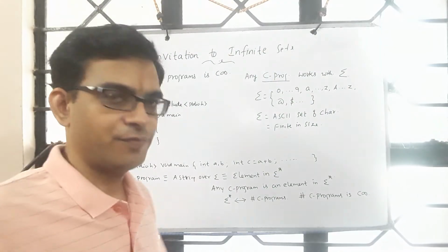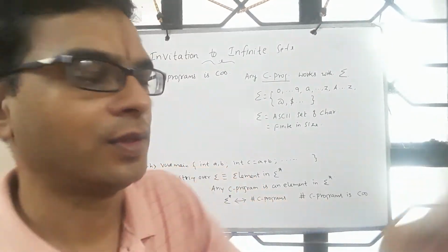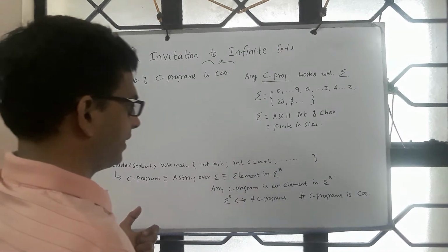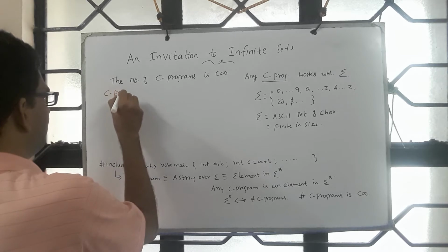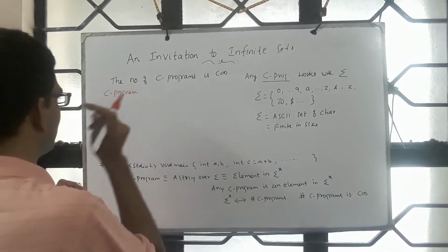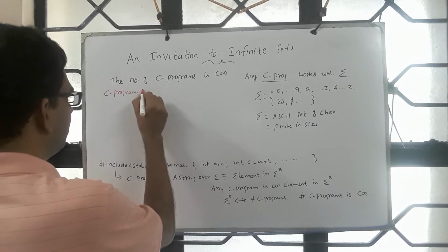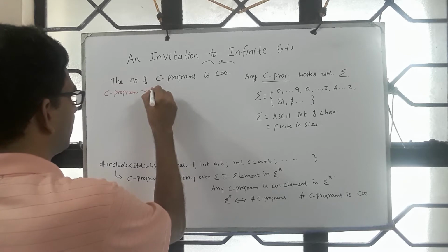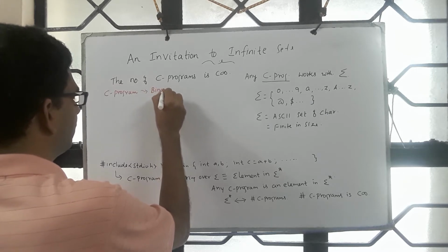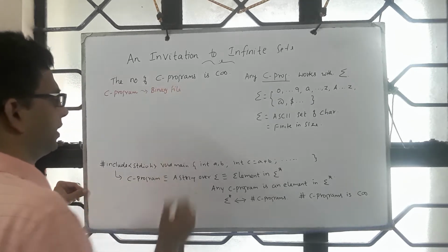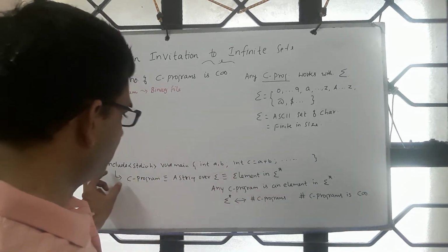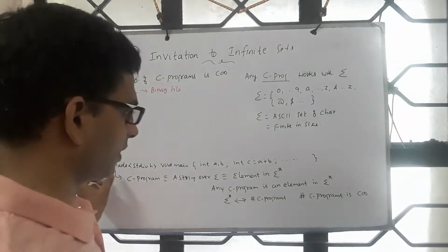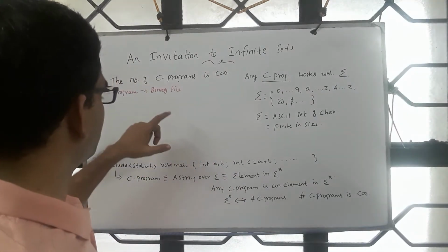There is one more way of doing this. You can also look at it this way. You take a C program and you can look at the underlying binary file. It consists of characters, and when you represent them, the system actually represents them using zeros and ones, right?